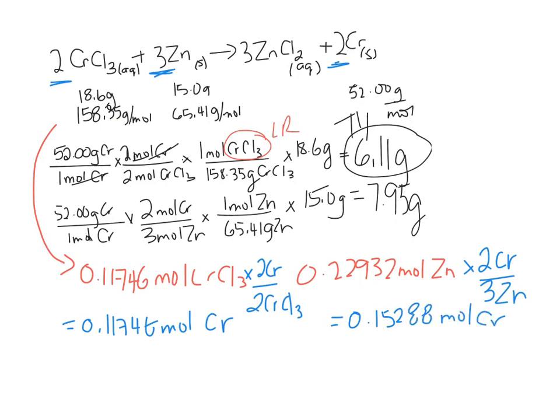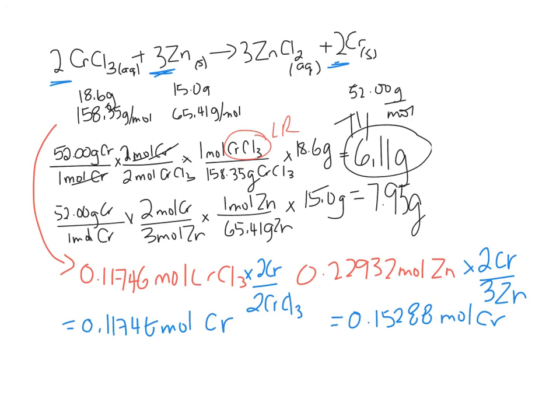So you should get these 2 moles of chromium. Which one is smaller? The one on the left is smaller. So that is the moles that you use to calculate your theoretical mass.